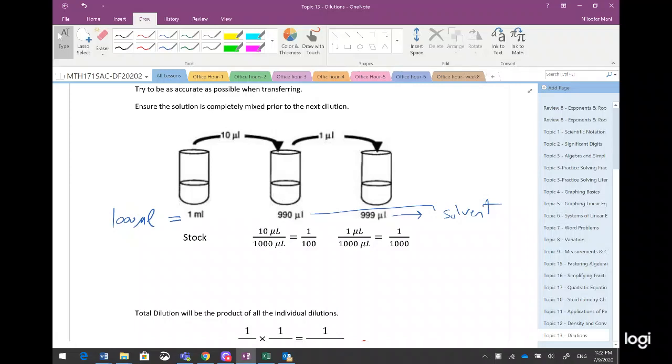I use 10 microliter of the 1000 microliter, and I add it to 990 microliter. So it will be 10 over 10 plus 990, which is 10 over 1000, which is 1/100.